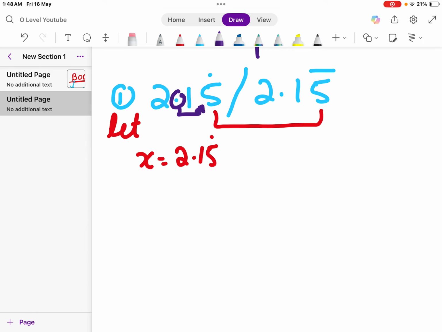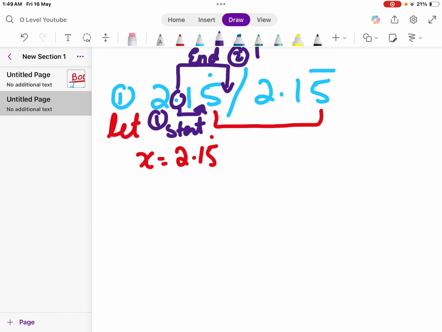After one digit the recurring number starts. You have to look at the number after the decimal. After one digit the recurring number is starting, and after two digits the recurring number ends. So I will write 1 at the starting and 2 at the ending.